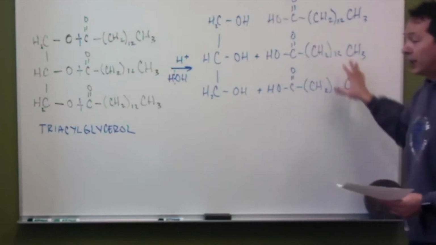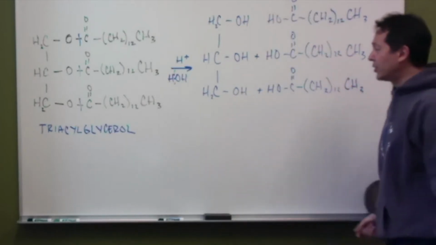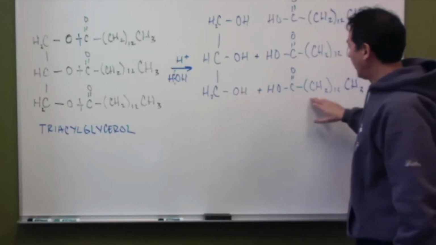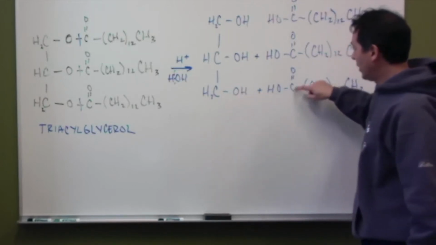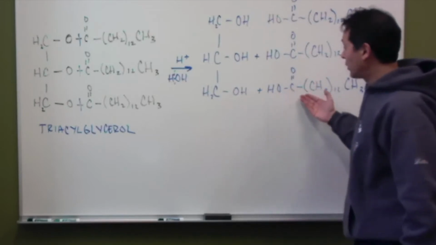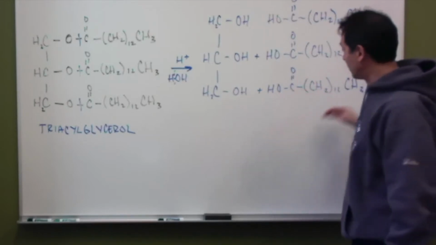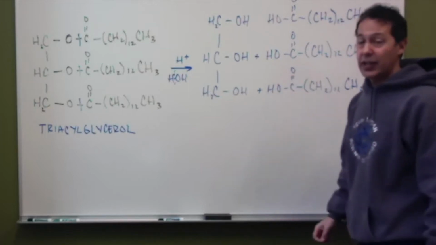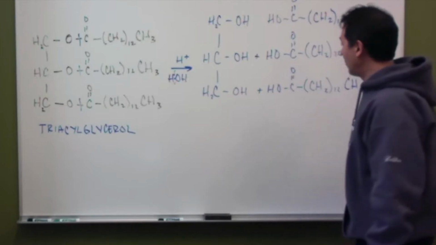Now that we've written this out 3 times, you might recognize these groups. We have an alcohol here on the glycerol side, and then on this side here, we have the carbonyl group and the hydroxyl group here, which gives us a carboxylic acid. So this is just going to be a long carbon chain with a carboxylic acid on the end. And we have a fancy name for these things here.